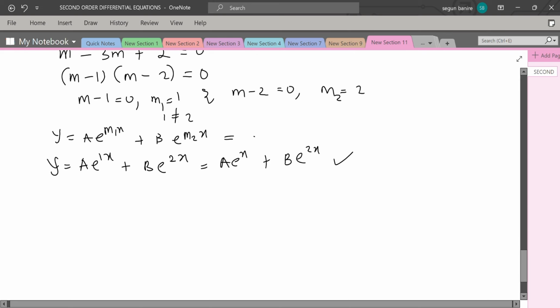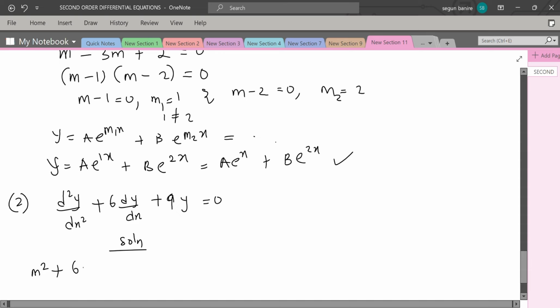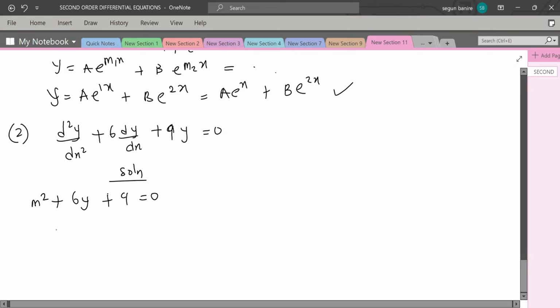So moving on, let's do question 2. Solution. The auxiliary equation is m squared plus 6m plus 9 equals 0. This will now give us (m plus 3) times (m plus 3) equals 0, which is saying m is equal to minus 3 twice.